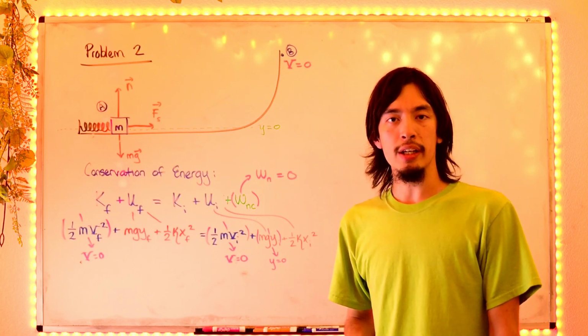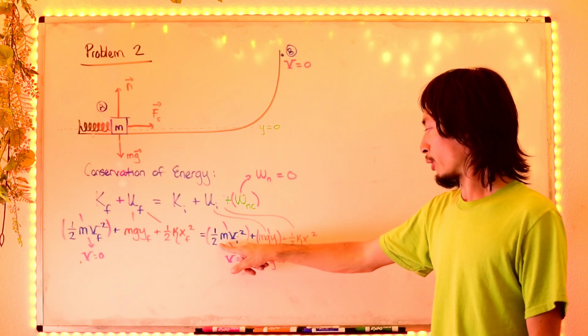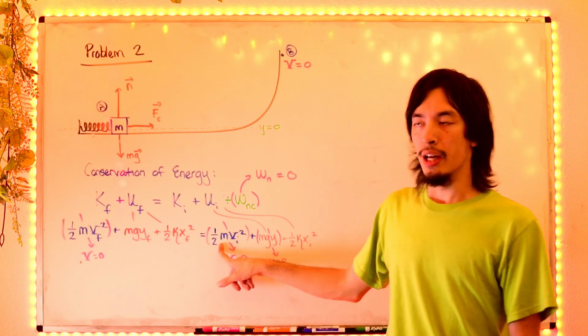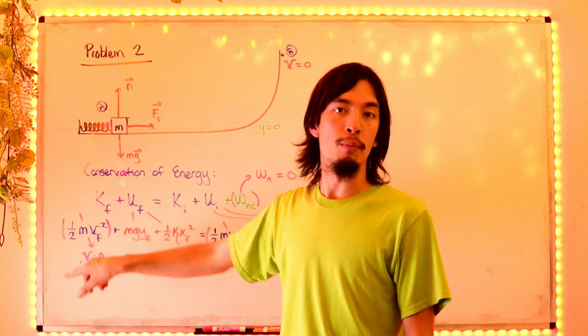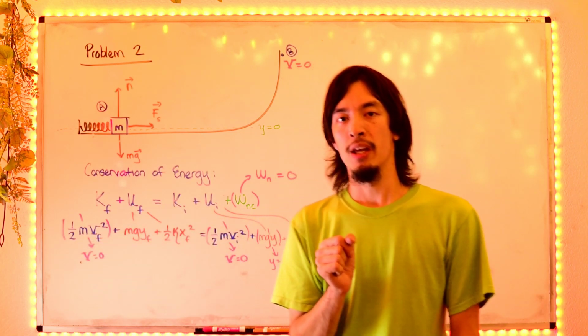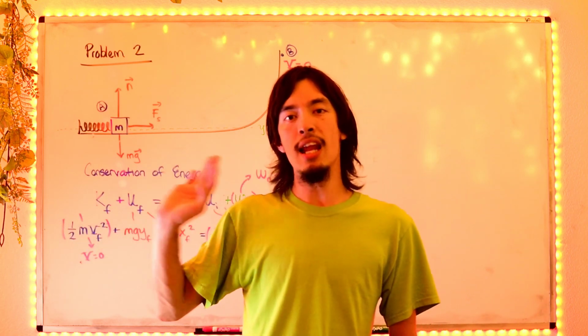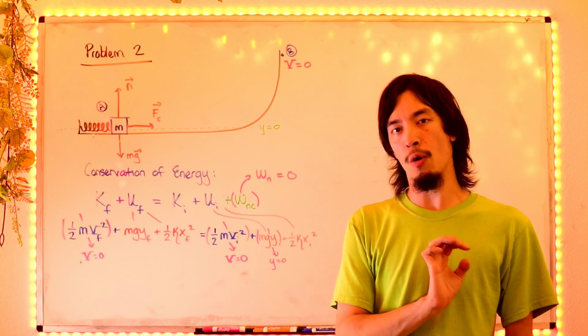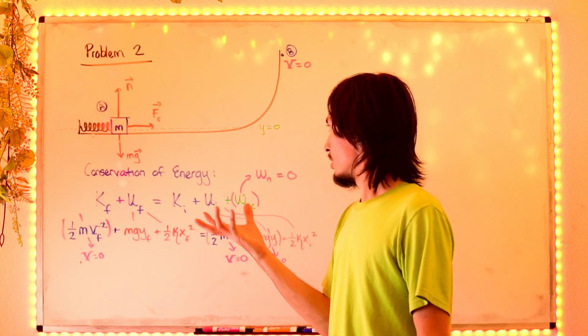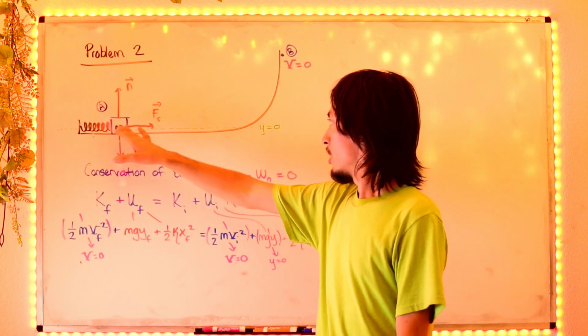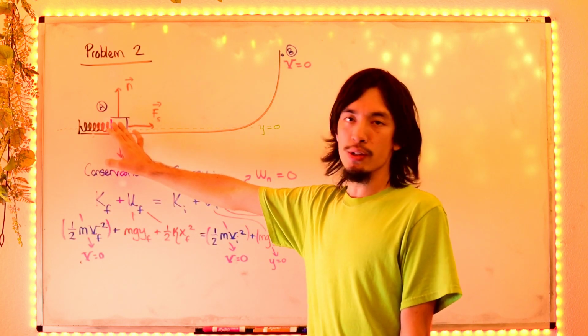Which is interesting, because you notice that both the kinetic energy initial and the kinetic energy final disappear in this problem. So when we solve this out, the kinetic energy is never involved at all, which seems a little counterintuitive because you would think you would use it at some point.